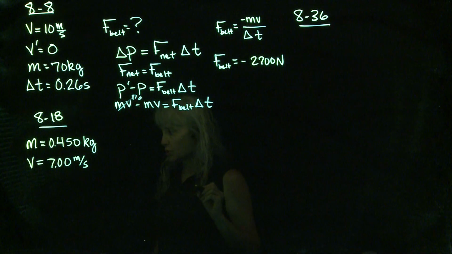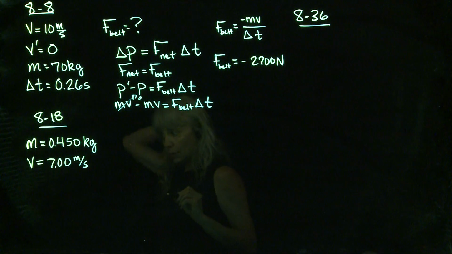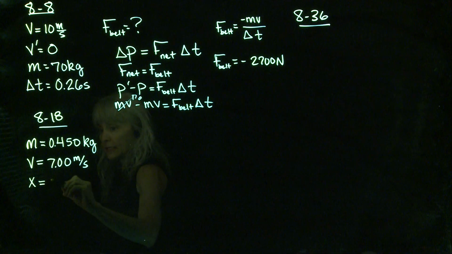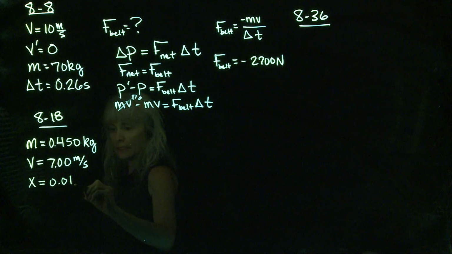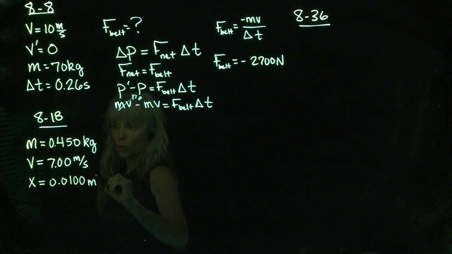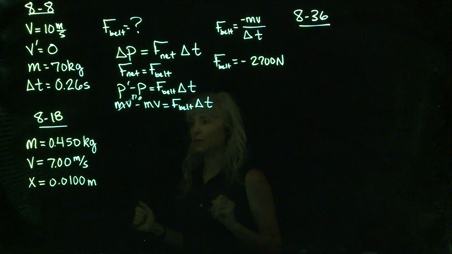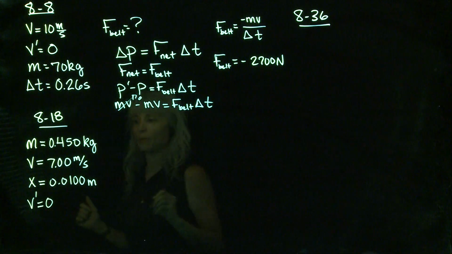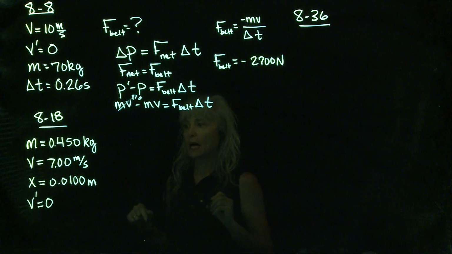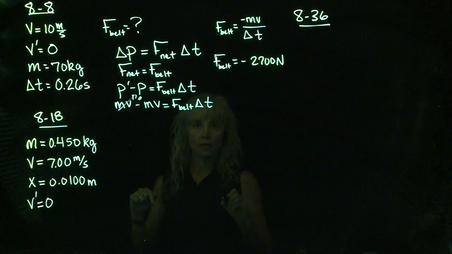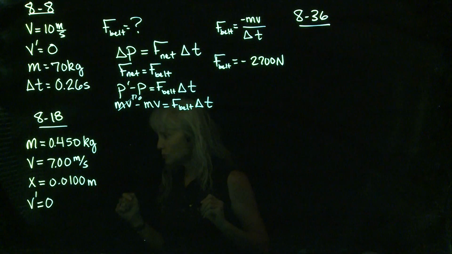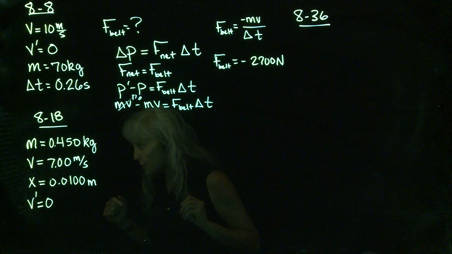And we are also told that the hammer requires a distance, which I'll just call x, of 0.0100 meters to be brought from a velocity of 7 meters per second to a velocity of 0. So v prime is 0. In other words, the hammer comes to rest after it has been in contact with the nail for a distance of 0.0100 meters. So there we go with some of the information.